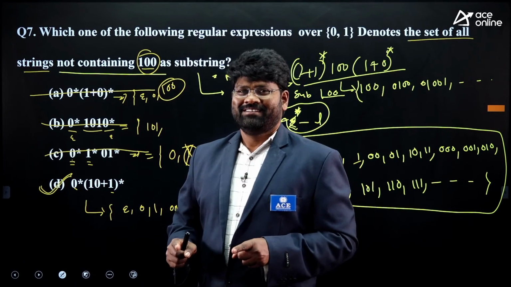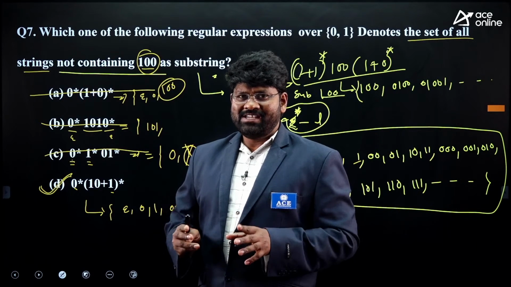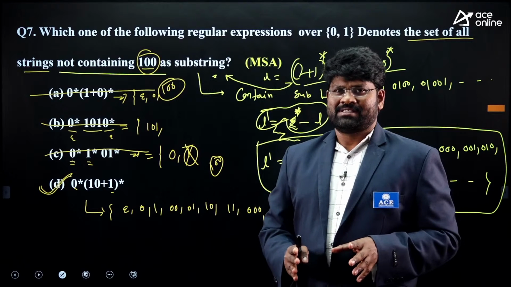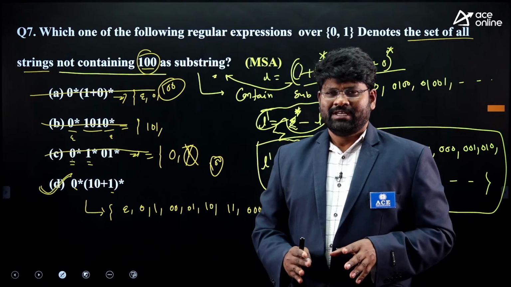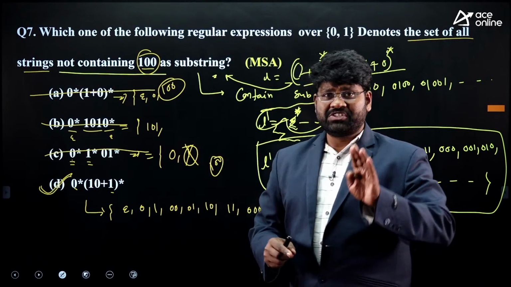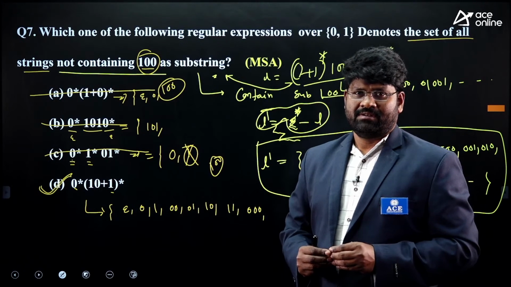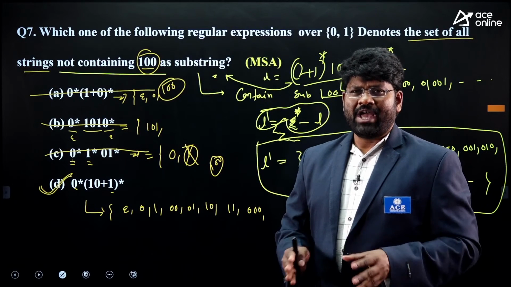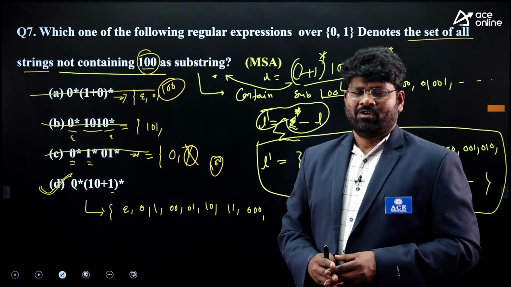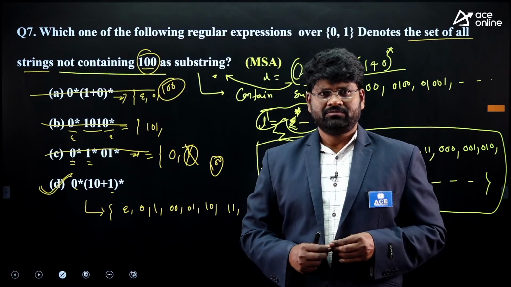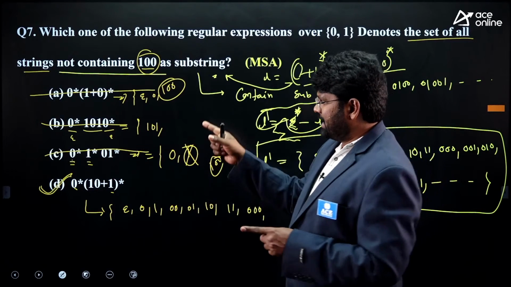It's only D. So friends, my suggestion while you are preparing for this course is that it is very, very important to analyze each and every option. Analyze every option, and you should have a strong reason why you want to reject the options.